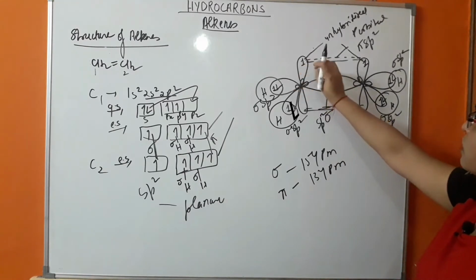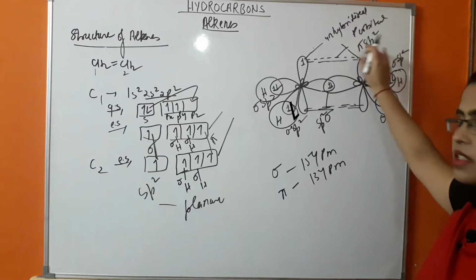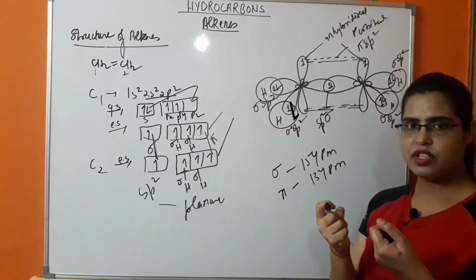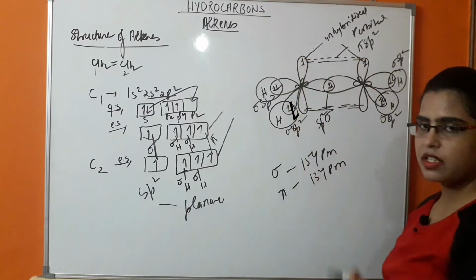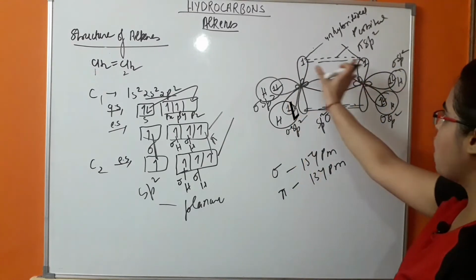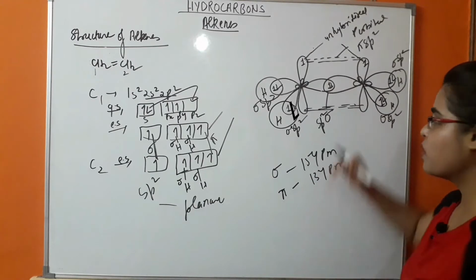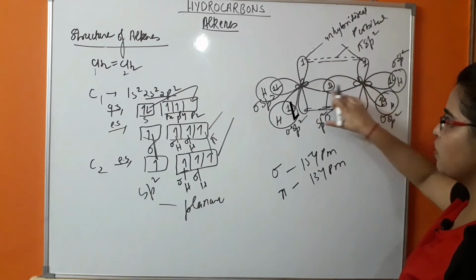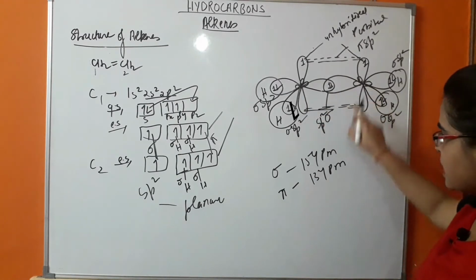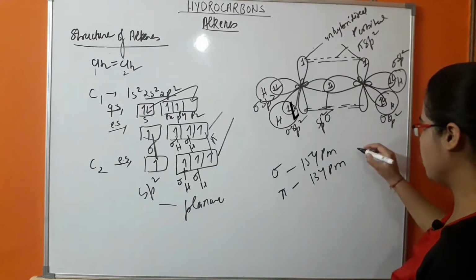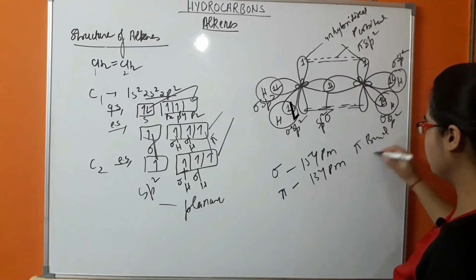Because of these pi bonds, that is these unhybridized p orbitals, because there is an unpaired electron, to overlap with each other they come close to each other, due to which the bond length becomes shorter. So because of the pi bond formation, the carbon-carbon bond length will decrease from 154 picometer to 134 picometer.